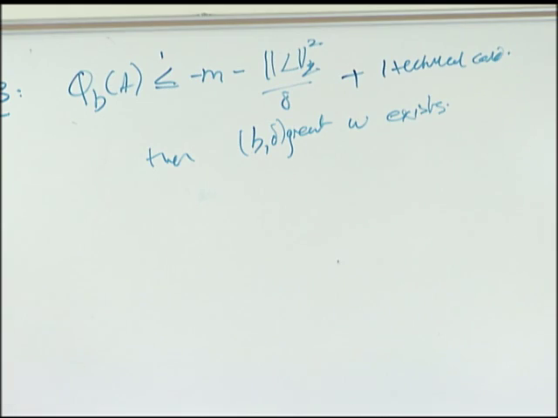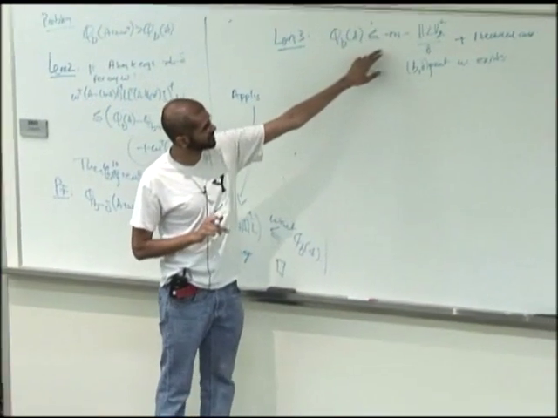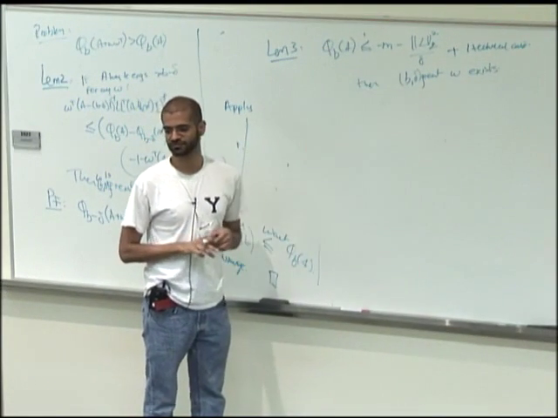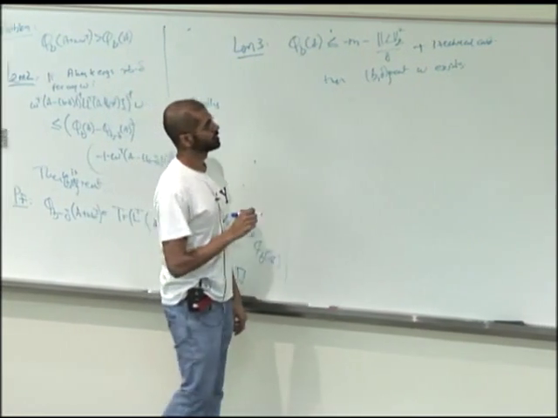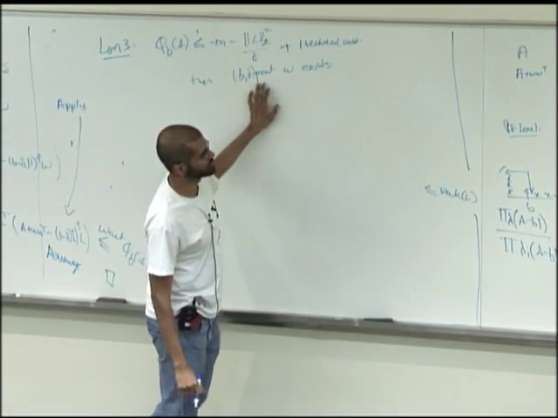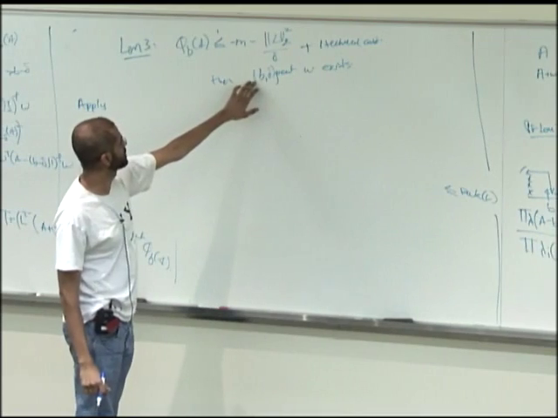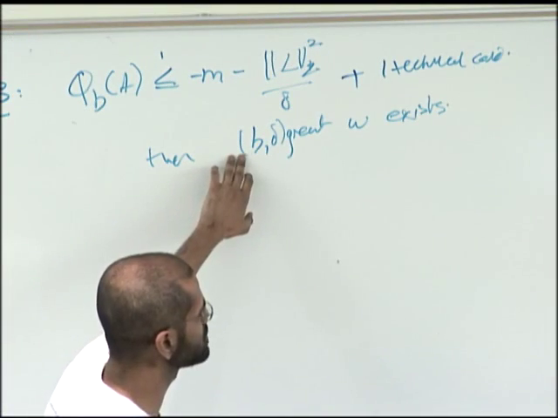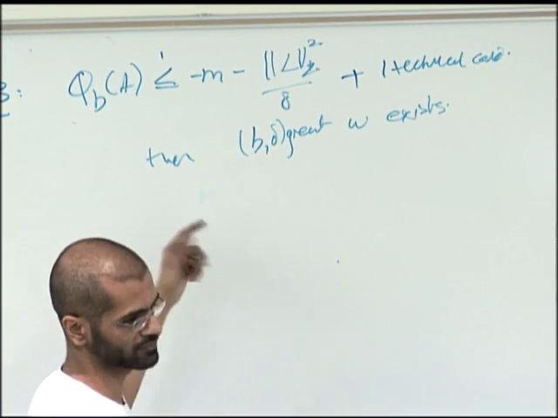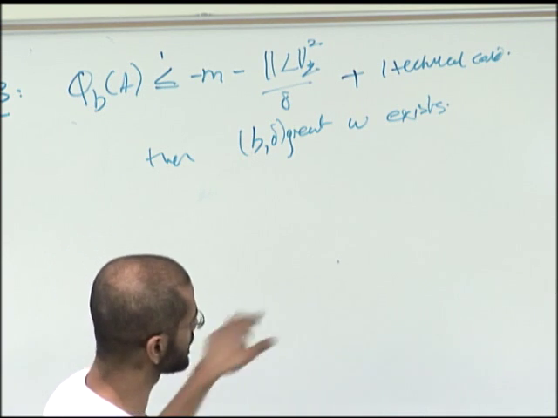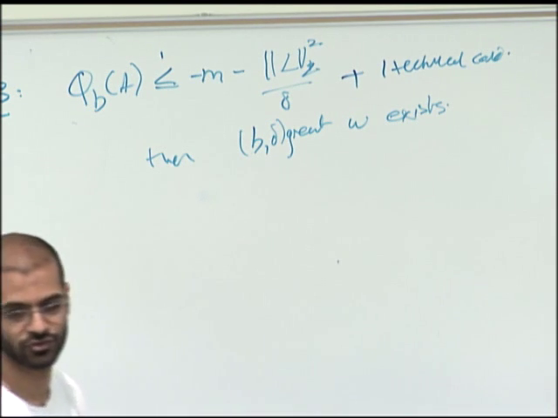But basically, if the potential is this negative, then a great vector exists. So now, with this lemma and the definition of greatness, I can just iterate this and get that picture of that process that I showed you earlier.